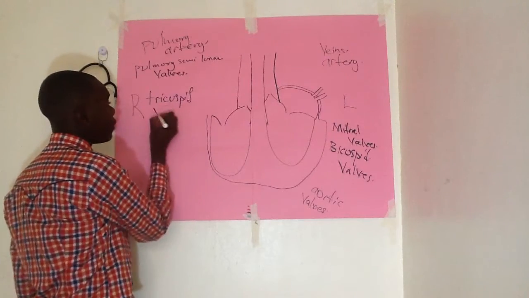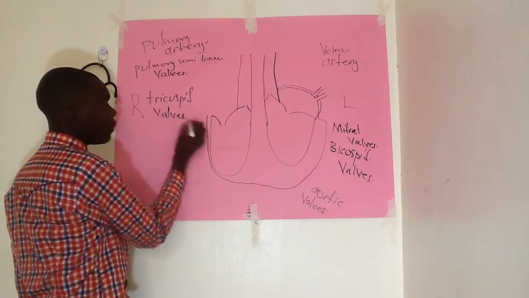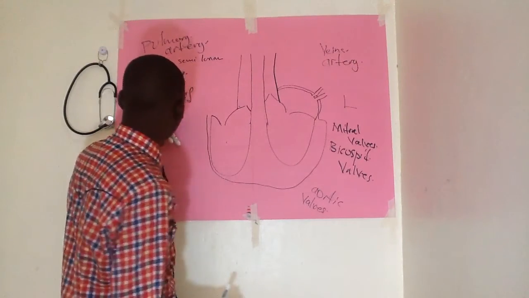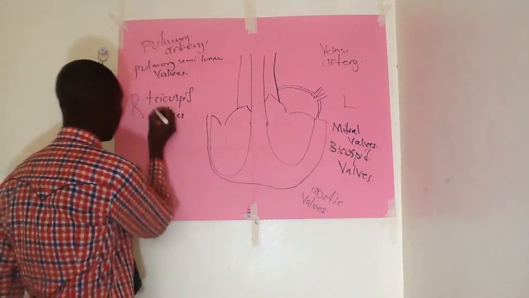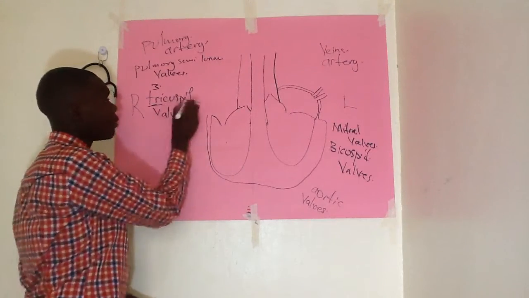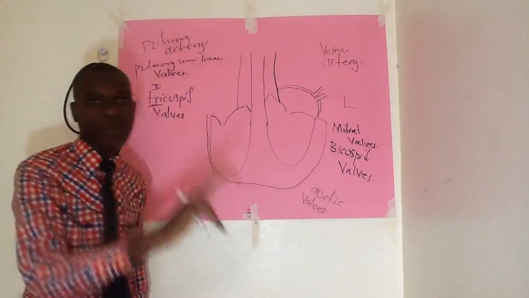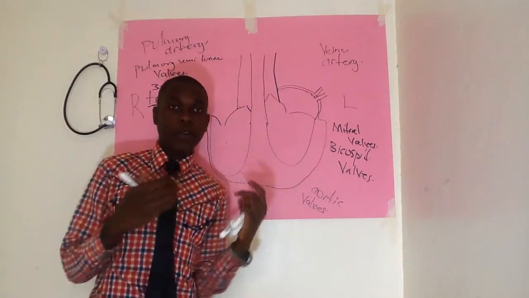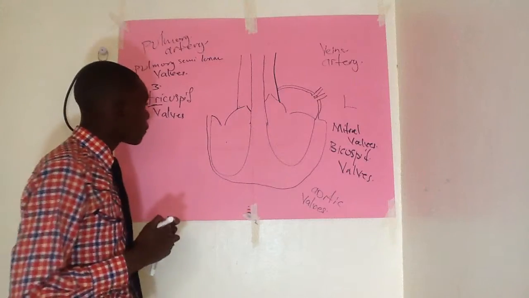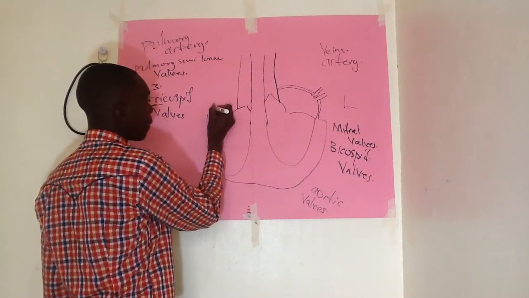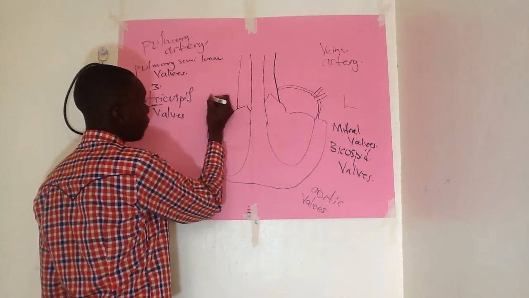Tricuspid: tri meaning 3, then cusps. So it means they are made of 3 cusps: 1, 2, 3. Then we have our atrium here, the right atrium.